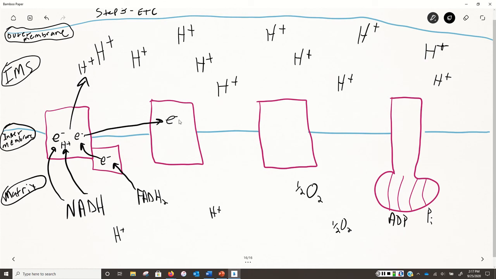Now, once we have this electron in the second carrier here, any protons that did not follow the path into this first protein, well, they're going to be attracted to that electron in the second protein.